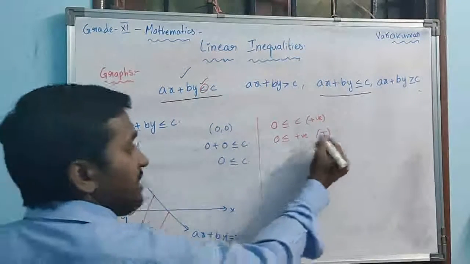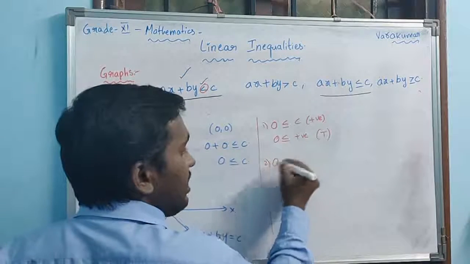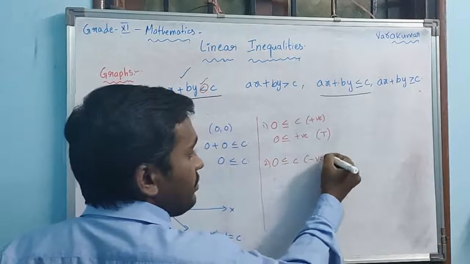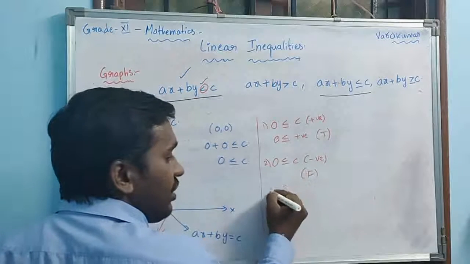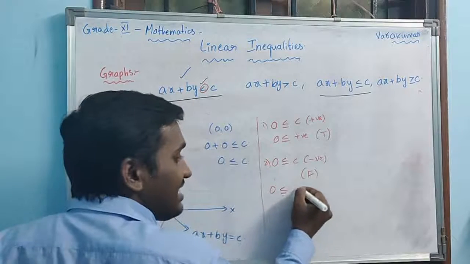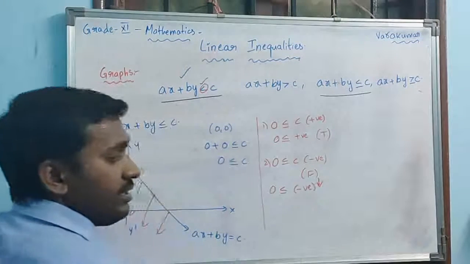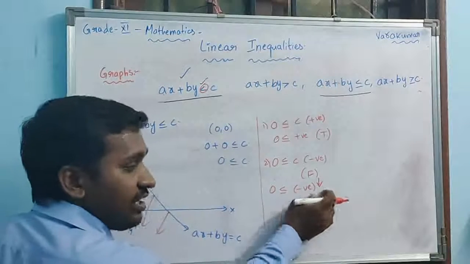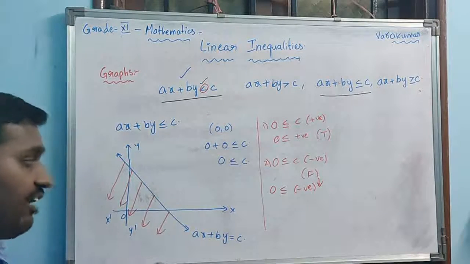Then suppose c is negative, 0 less than or equal to c, which is negative. Then what you could say, this is false, because 0 less than or equal to a negative value is false. Then what you have to do, we have to shade away from the origin.